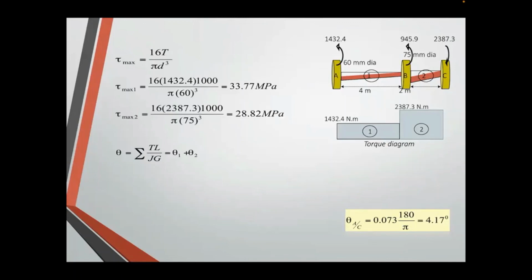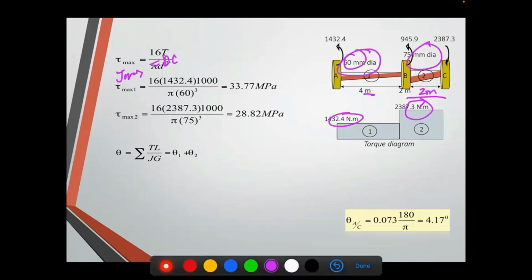So, 16 times 2387.3 times 1,000 divided by pi, 75 cubed. So, we have 28.82. If you notice, the larger shear max is actually at AB, yung sa smaller yung torque. So, in this case, the final answer would be the shear maximum for this solid shaft is 33.77 megapascal. So, yan yung magiging final answer natin.